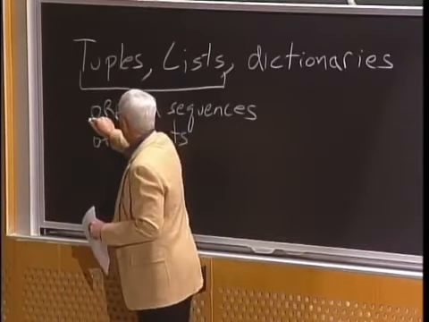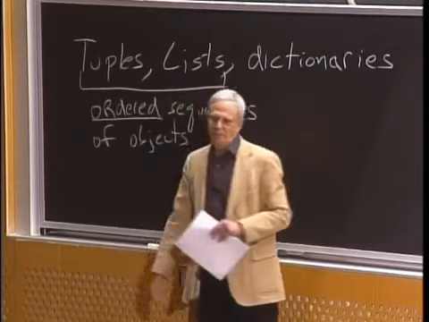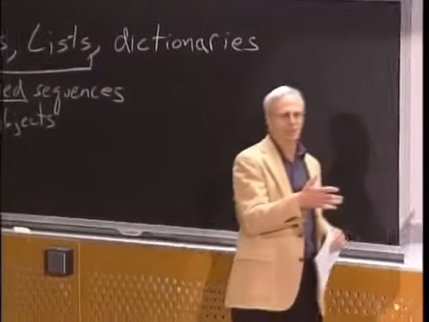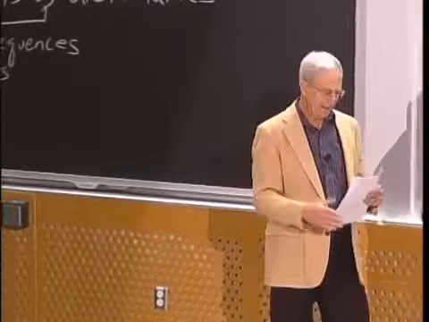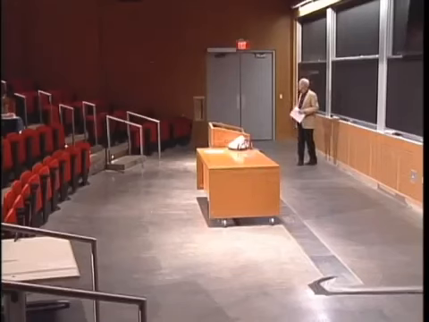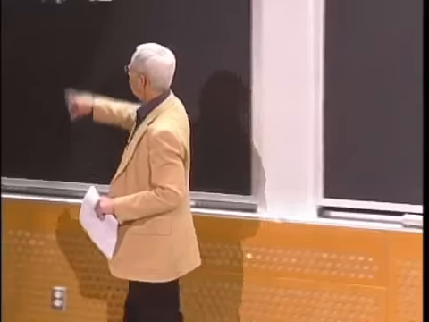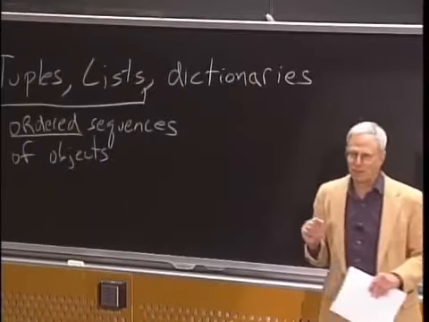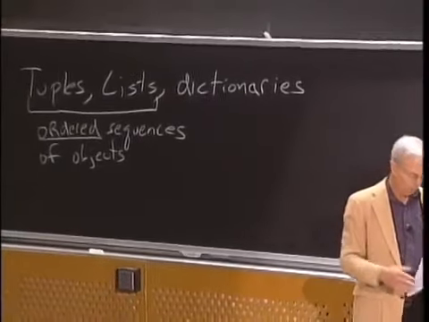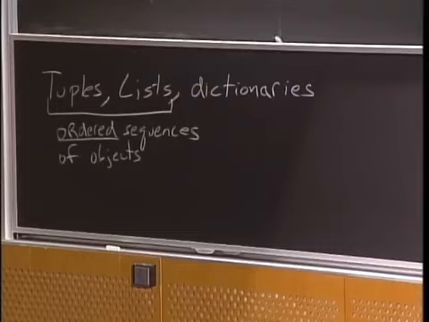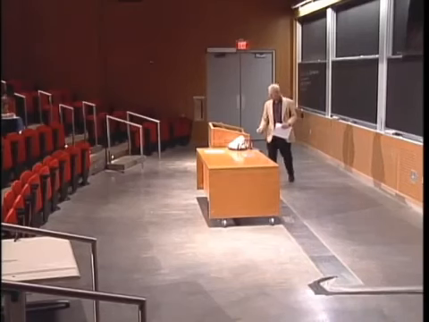So the key notion here is they're ordered. It makes sense to talk about the first object, the second object, the last object, etc. When we get to dictionaries, or dicts as they're spelled in Python, we'll see that they're not ordered. All right, let's look at tuples first. They're the simplest.